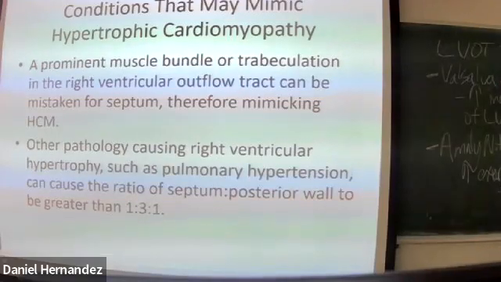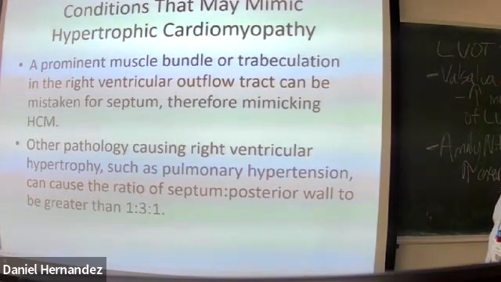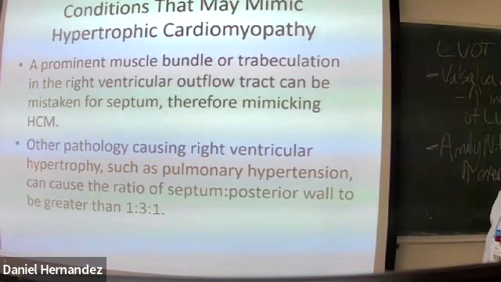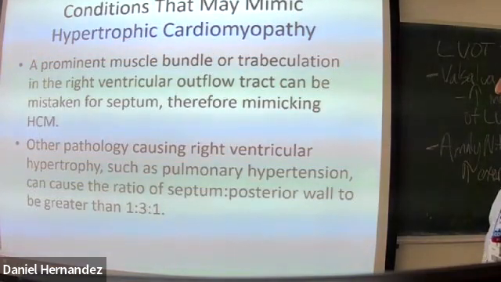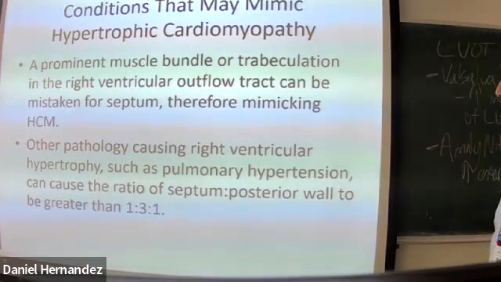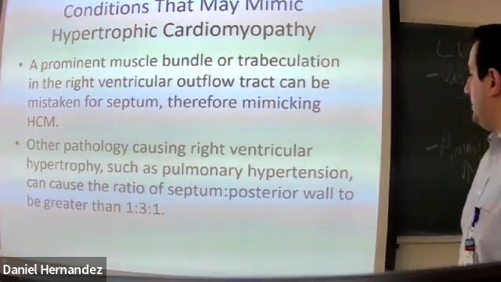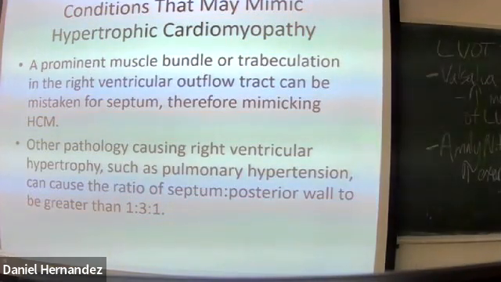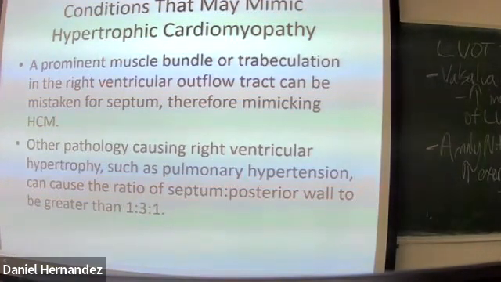So we just also have to remember that a prominent muscle bundle or trabeculation in the right ventricle, right ventricular outflow tract, can be mistaken for septum, and that can potentially mimic hypertrophic cardiomyopathy. So it's important when we're measuring that septum not to include those trabeculations in the RV. Other pathologies causing right ventricular hypertrophy, such as pulmonary hypertension, can cause the ratio of the septum and posterior wall to be greater than 3.1 to 1.